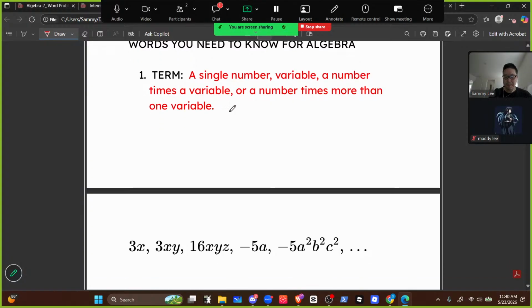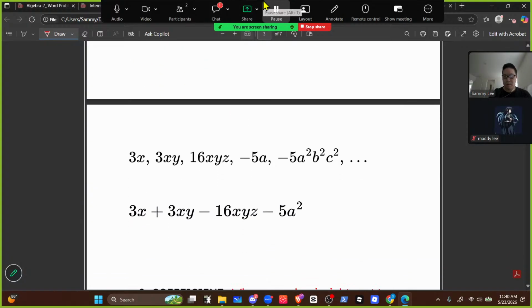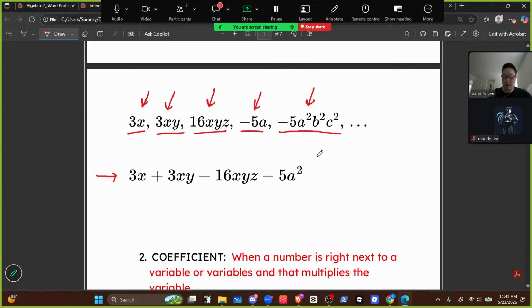So 3x, 3xy, 16xyz, negative 5y, negative 5a squared, b squared, c squared, etc. Okay, so these are terms. It's a combination of an integer that's a coefficient and then variable or variables. So given this expression, what are the terms?